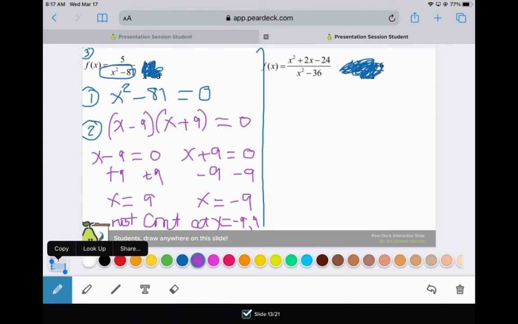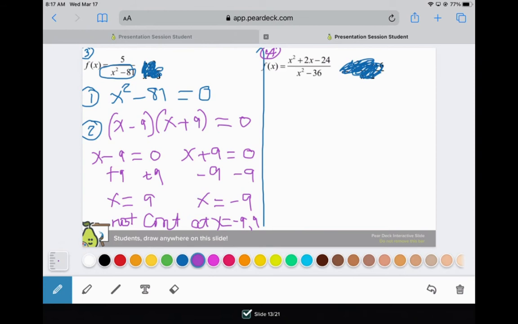So we're going to use algebra to figure out the point where it's not continuous. Cool. Let's look at the next one. I'll call this number 4. For this one, the top is 5, but look at the next one.